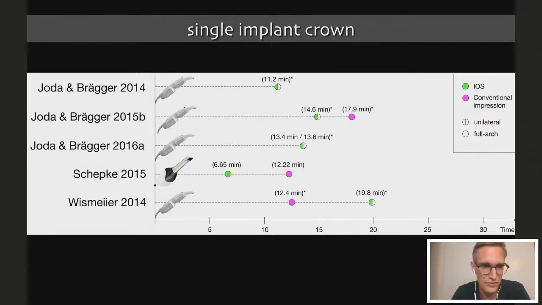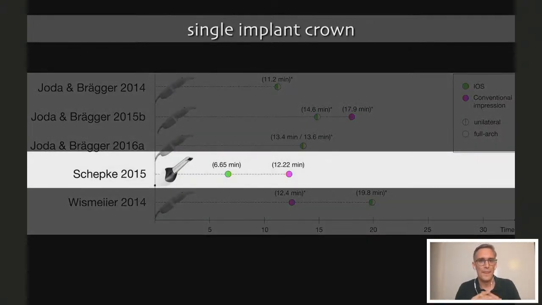I would like to point out Schepke. When they took a conventional impression for one single implant, but they took full arch scans, it took them 12 minutes. And when they did an intraoral scan from the same clinical situation, it took them only, let's say, 6.5 minutes.